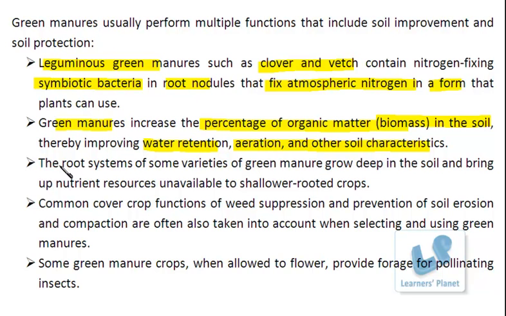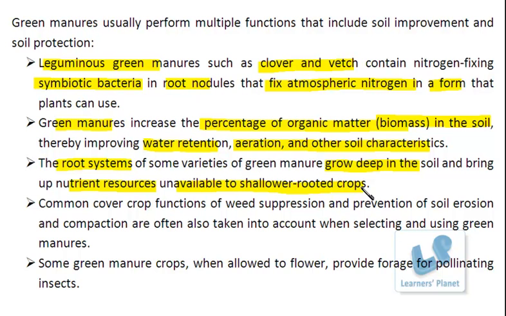Next, it depends on the type of root systems. There are different types of green manures which have root systems that can grow deep into the soil. And if such a root system is present, what advantage can you assume? It can help in bringing up the nutrient resources which are unavailable to the shallow rooted crops.